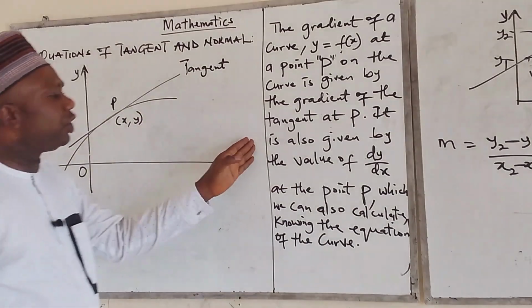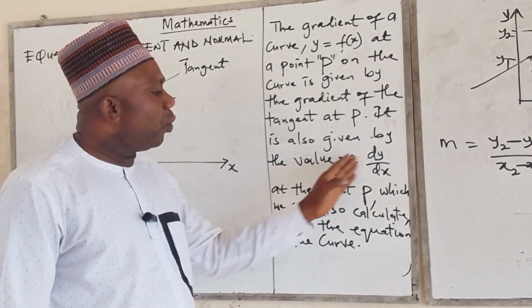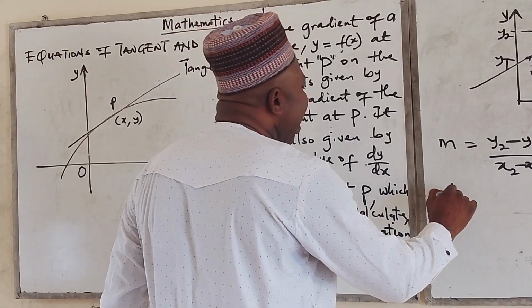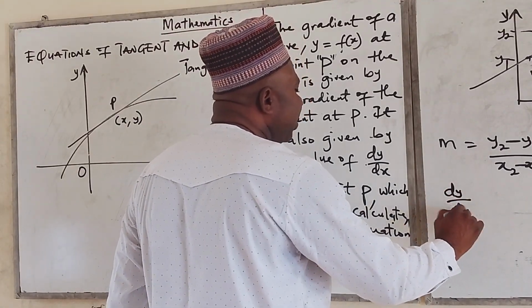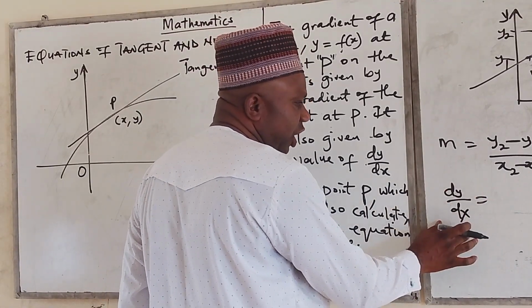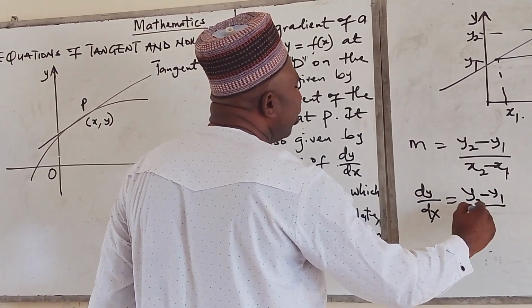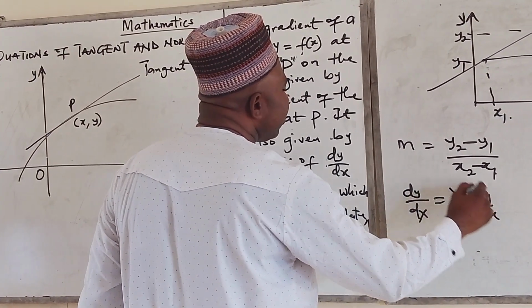So it is also given by the value of y all over x, because we are looking at the change in y all over the change in x, which is the same as y2 minus y1 all over x2 minus x1.